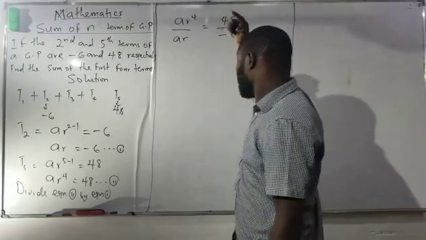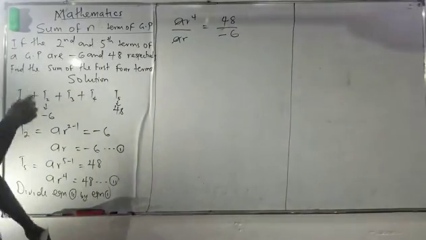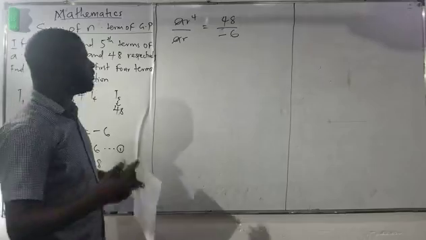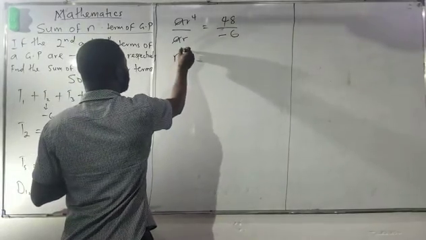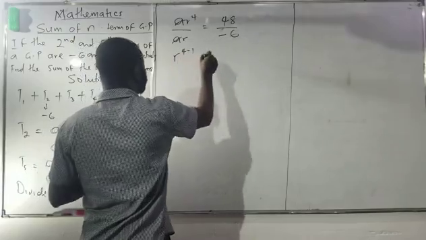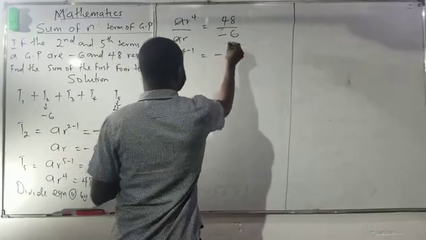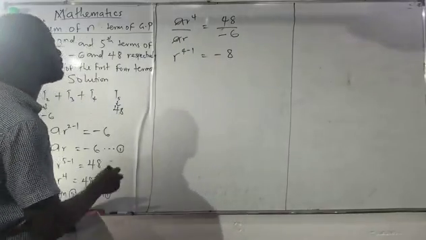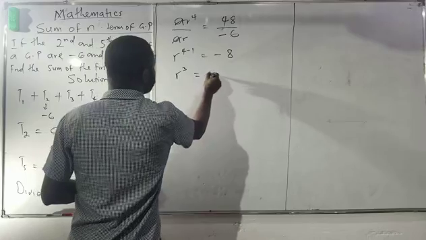Now, I'm just to work on this. Mind you, we have a lot of videos on division. Go and check, for better understanding. My r raised to the power 4 minus 1 equals to, now, when I do this, it will be minus 8. Now, mind you, I'll be having r raised to the power 3 equals to what?